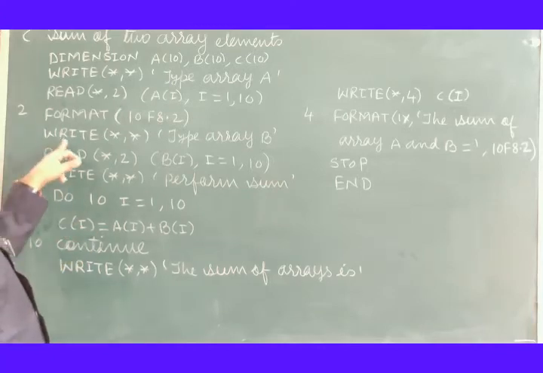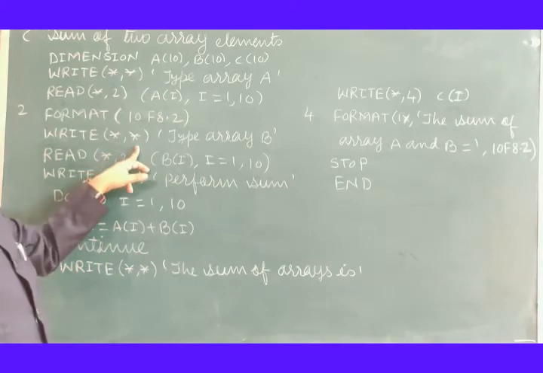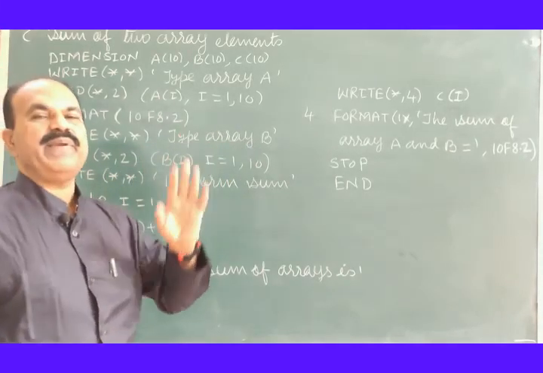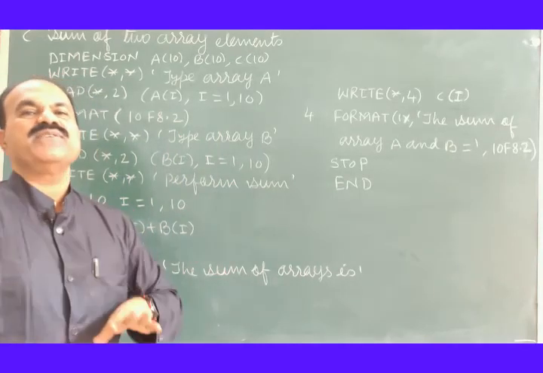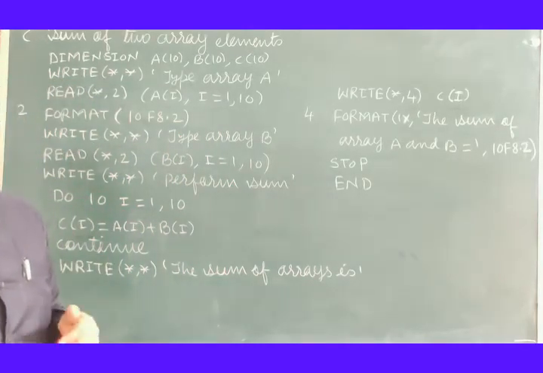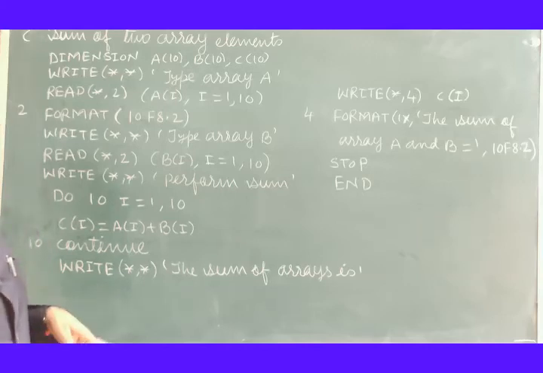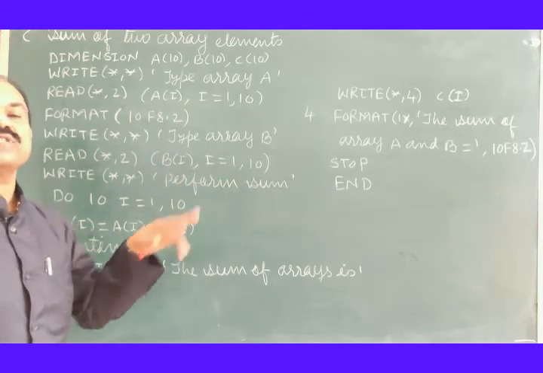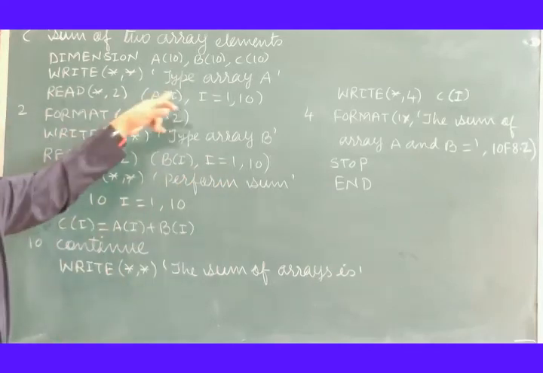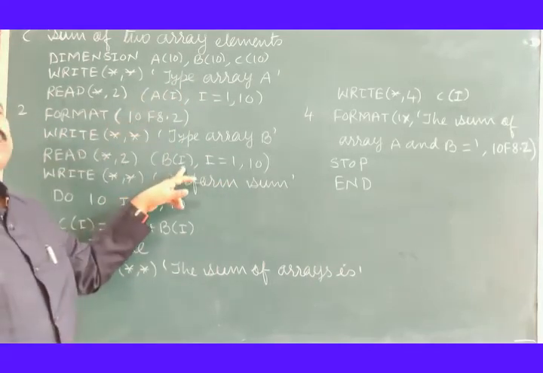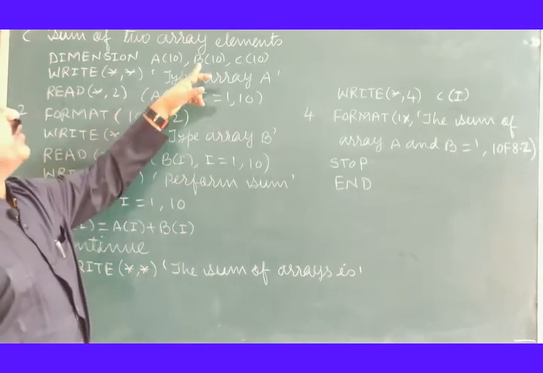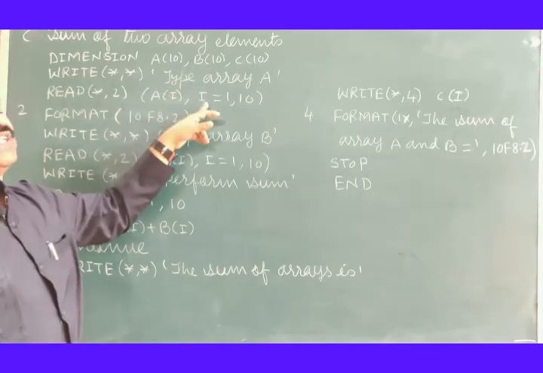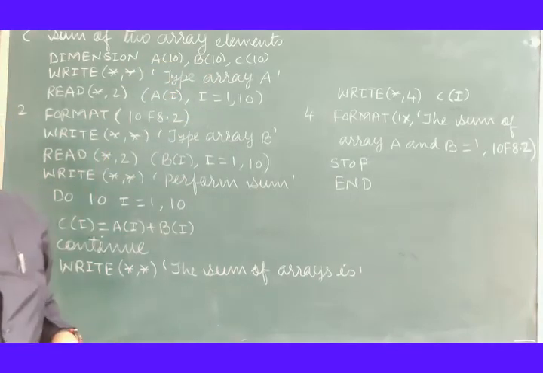Then write asterisk comma asterisk. This is again a comment, and what is the comment? Type array B, that is, input elements of array B or enter elements of array B. This is the implied do loop statement, just similar to this one. A of I is only replaced by B of I, because now we want to read the 10 elements of array B. Here 10 elements of array A are inputted.